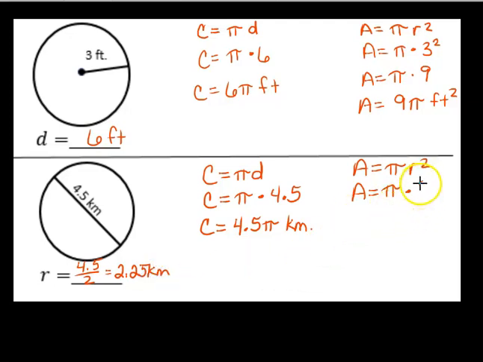So this is going to be 2.25 squared. So the area equals 5.0625 pi. And we're going to round it off to 2 decimal places. So we get 5.06 pi kilometers squared.